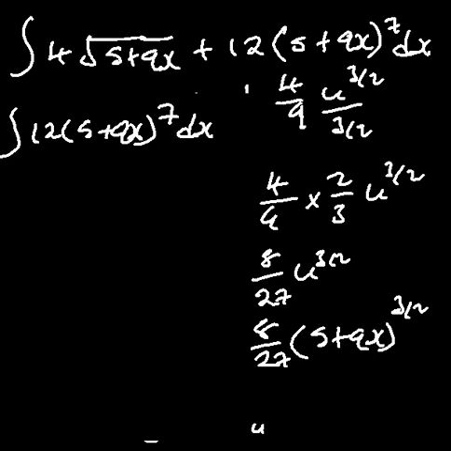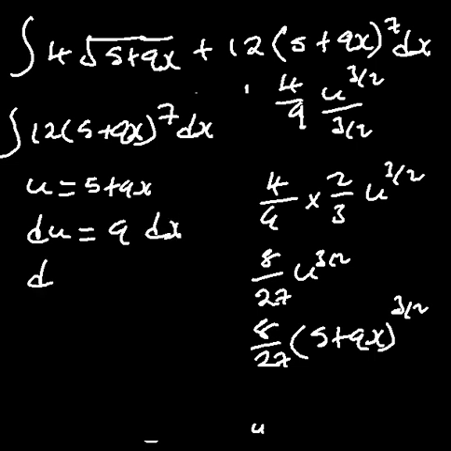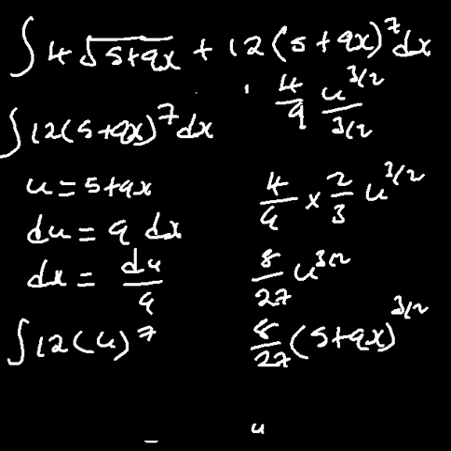In this case, there's no direct integral for this. So we're going to use by parts. Actually, it should be u substitution as well. So u is given as 5 plus 9x. And what is the du? We'll have it as 9 dx. And what is the dx? We'll have it as du over 9. Then substitute back, we'll have the integral of 12 u to the power 7 du over 9.